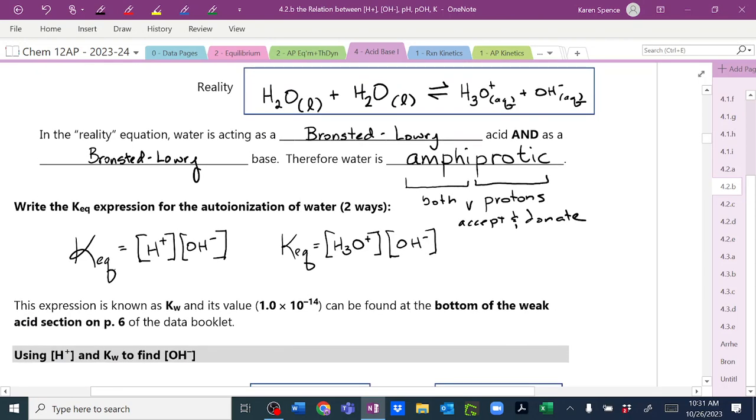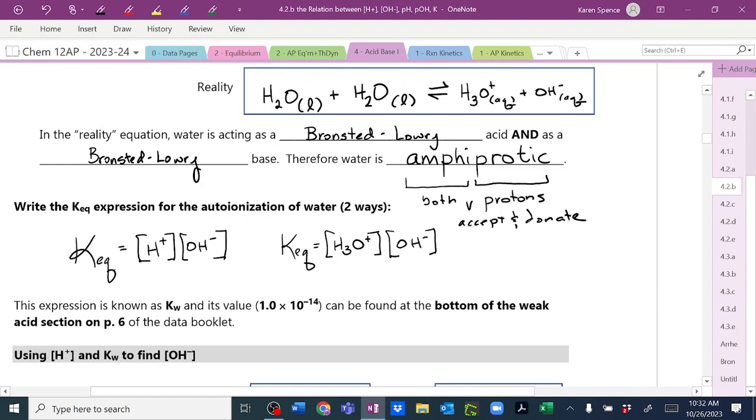Yes. It's okay? Yes. Because water is the solvent. It's a liquid, it does not have a concentration. Yes, because water can't dilute itself.